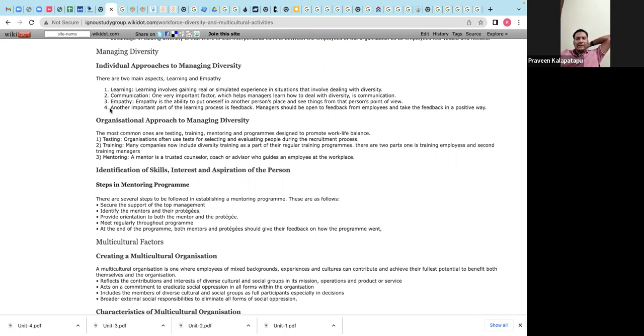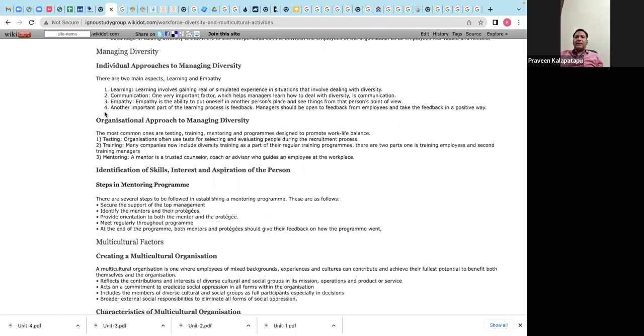Another important aspect for each individual is communication. You need to know how to deal with diversity when it comes to communication. You can't talk the same way, especially with various diverse cultures or genders. The language that you use and the way that you communicate cannot be the same, so you need to understand that factor.